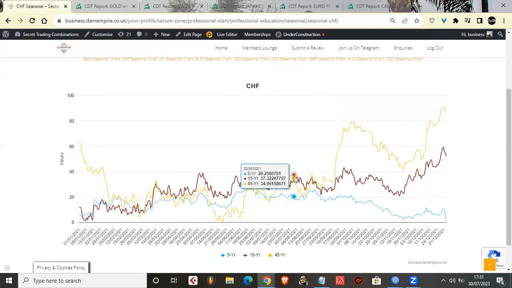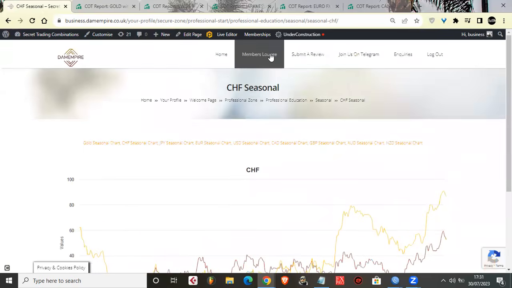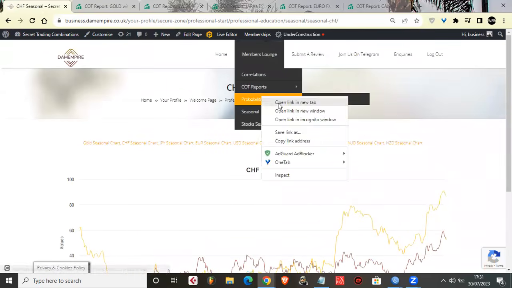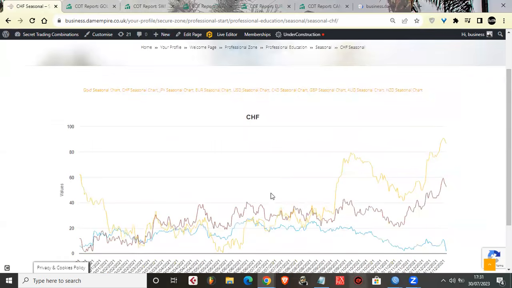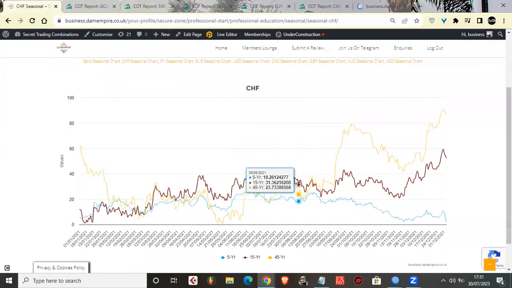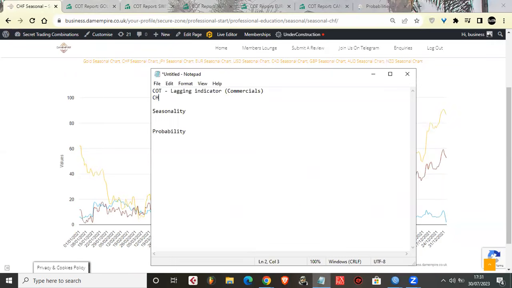So if we go on the third right here, and we load up our probability chart, first things first, let's shift this. The third will be Thursday. So I know around the third, I'm going to go COT, CHF, short.